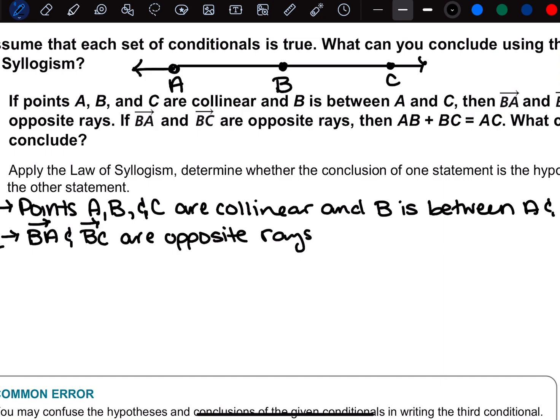And then our R would then be AB plus BC is equal to AC.